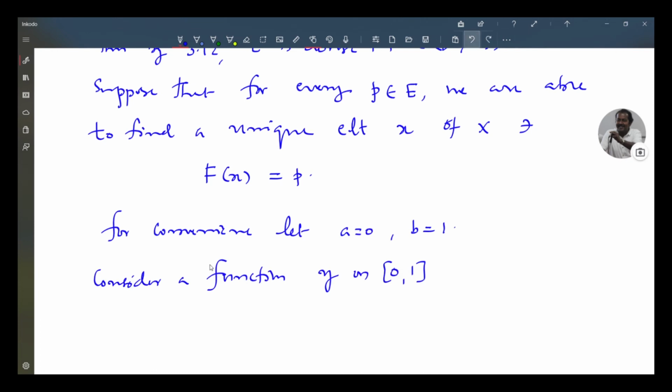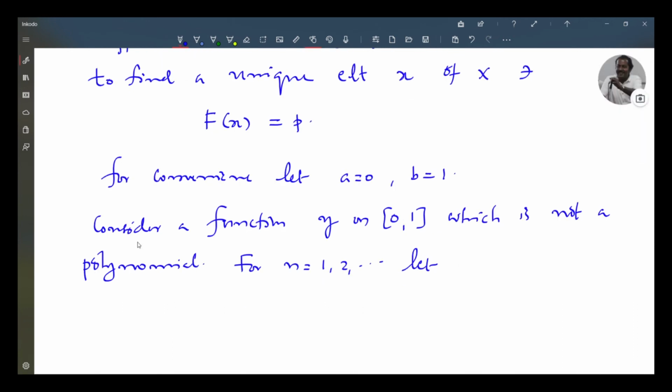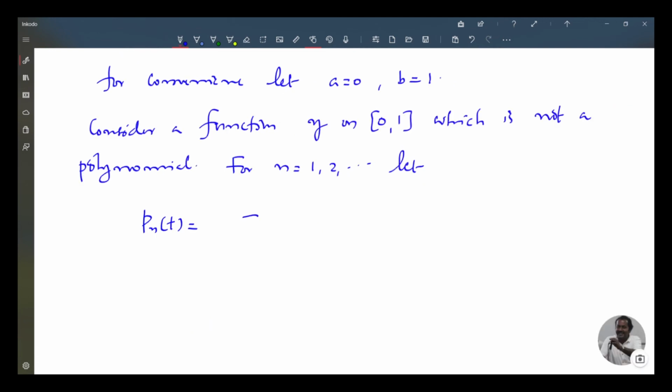Consider a function y on [0, 1] which is not a polynomial. For n equal to 1, 2, etc., let P_n(t) equal sigma k equal to 0 to n of y(k/n) nCk t^k (1 minus t)^(n minus k), so t belongs to [0, 1].